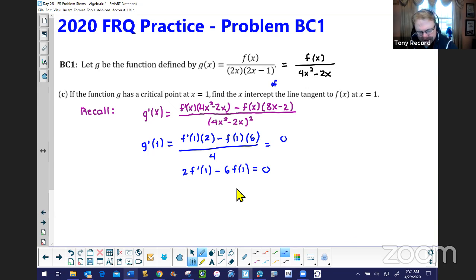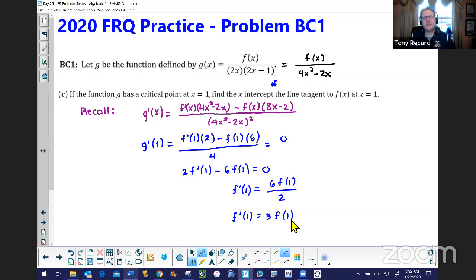So if we solve this for f prime of 1, we could first of all add 6 f of 1 over to the other side, and then of course divide by 2. And then we come up with just kind of an interesting relationship, if nothing else. f prime of 1 is 3 times f of 1. It's sort of a relationship between the slope and the y value, but not a very specific numerical quantity.